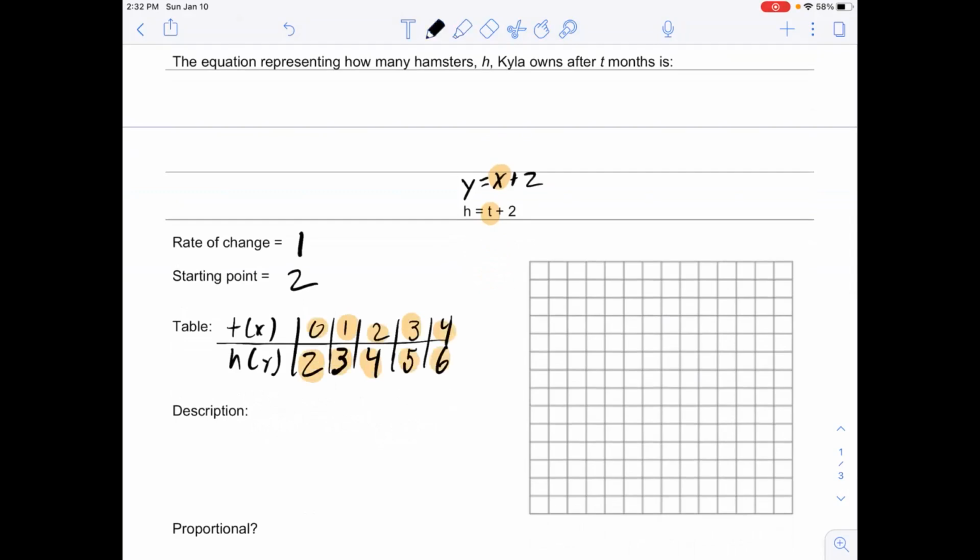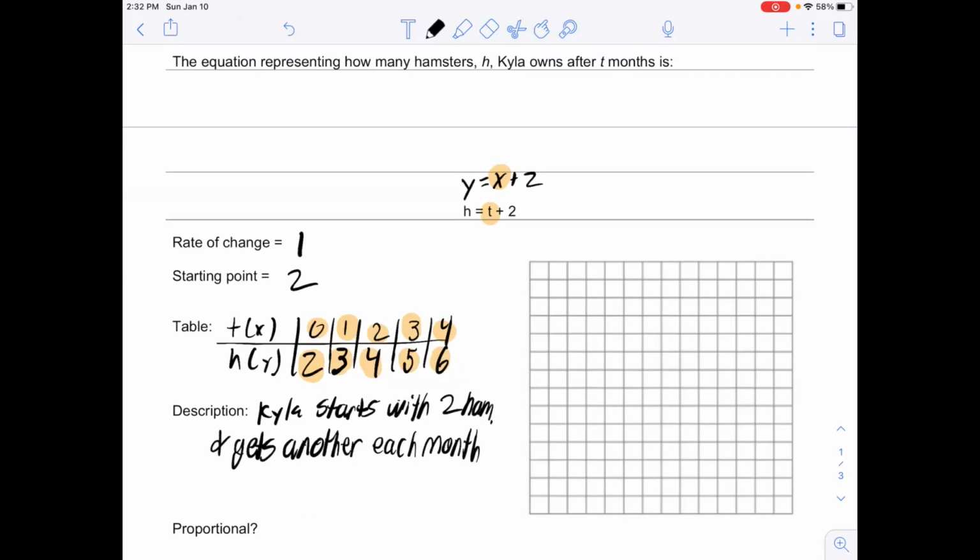So my description would be that Kyla starts with 2 hamsters. She gets another every month. That's the story. She started with 2 hamsters. She decided she really likes hamsters, so she gets another hamster each month.